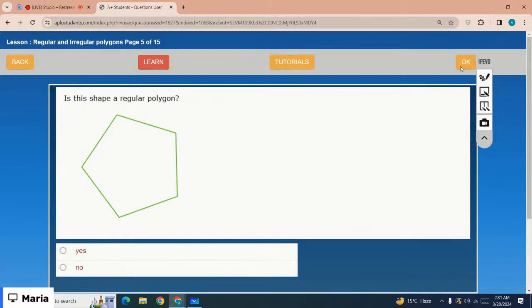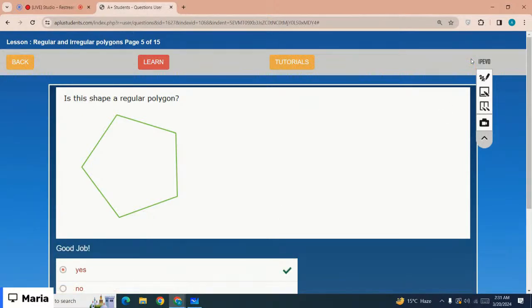Is this shape a regular polygon? The correct option is yes, it is a regular polygon. Again, that is a pentagon.